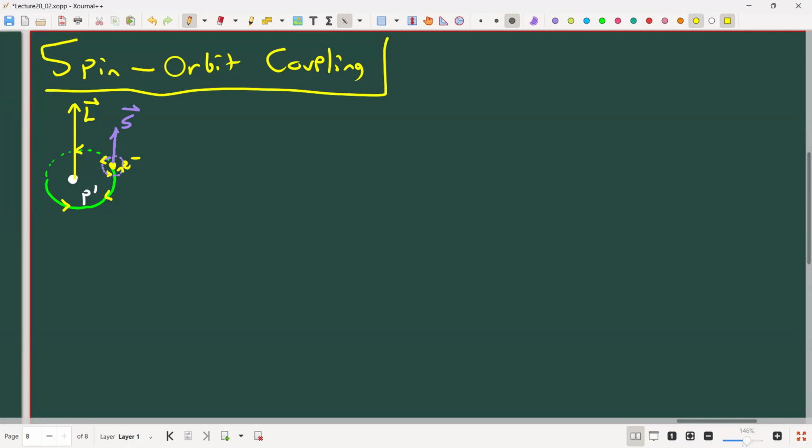This is kind of like the Earth. You think about the proton as the sun and the electron as the Earth. We have orbital angular momentum of the Earth, which gives us our year. And then the Earth is also rotating on its own axis, which gives us a day. So the spin angular momentum is kind of like the rotation of the Earth. The orbital angular momentum is the rotation around the sun.